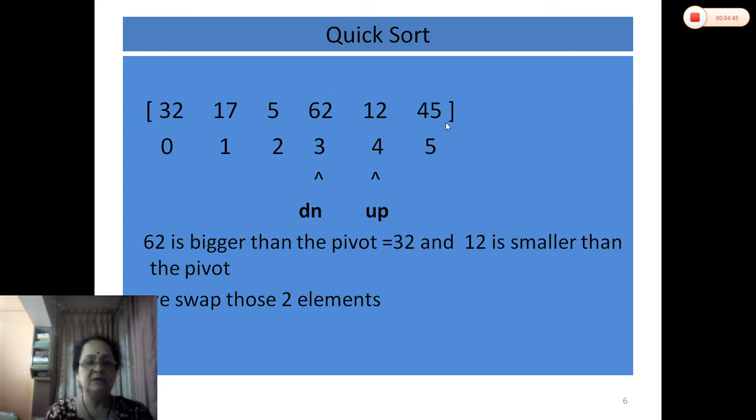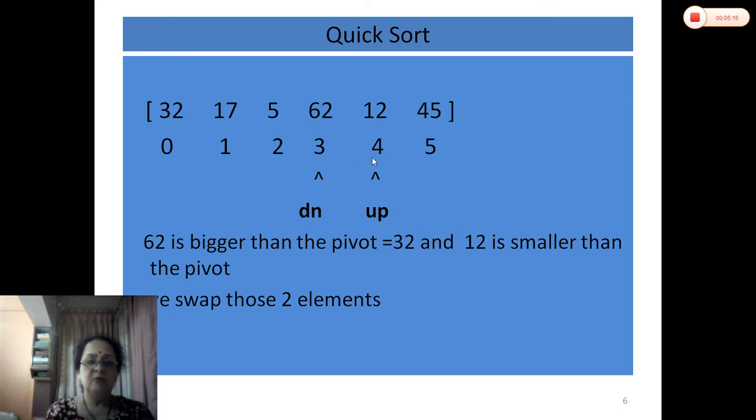Now from the right side, up will always try to find an element which is smaller than the pivot. The pivot is 32, and 45 is bigger than the pivot, so it is not the right element. So up is decremented, now up is pointing towards 12 and we got the right element. 62 is bigger than the pivot, that is 32, and 12 is smaller than the pivot, that is 32.